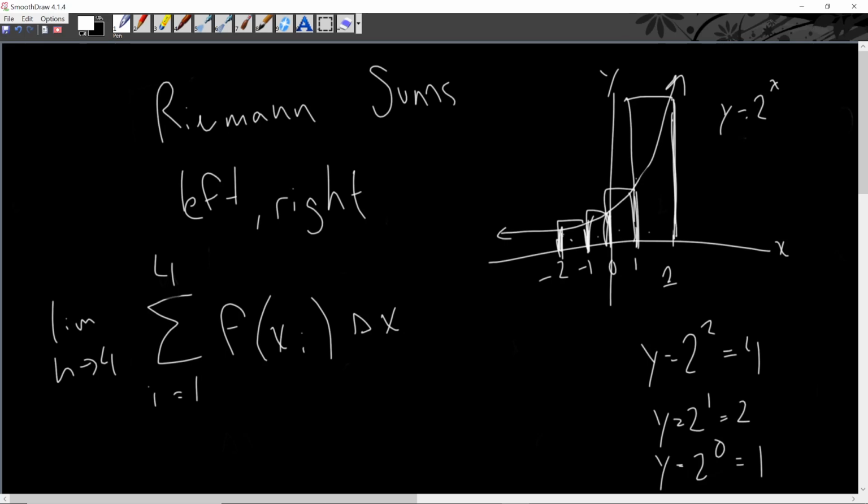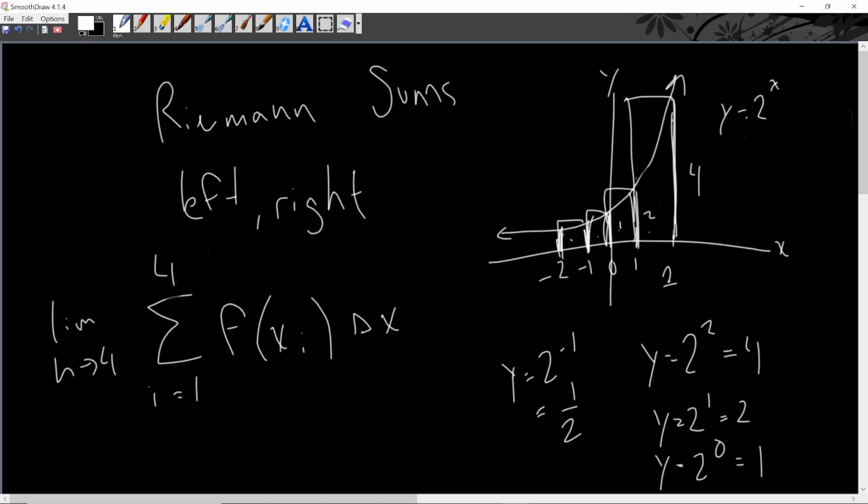So this value is going to be 4, that value is going to be 2, that value is going to be 1, and then 2 to the power of negative 1 is equal to 1/2.